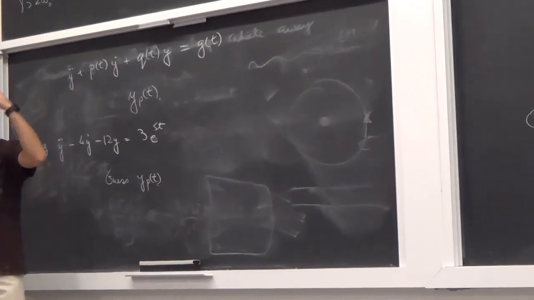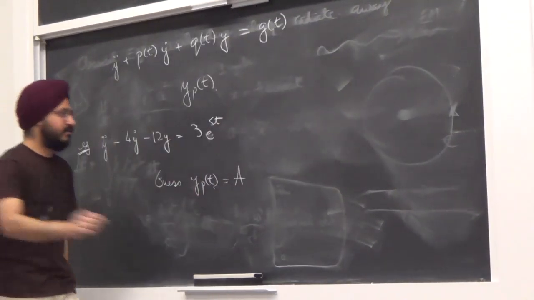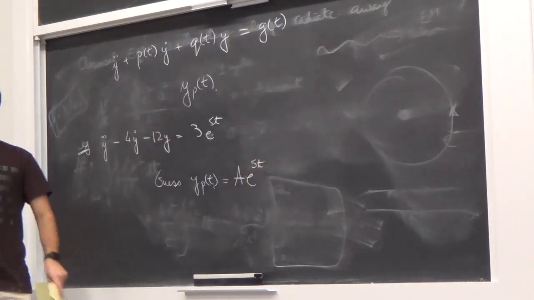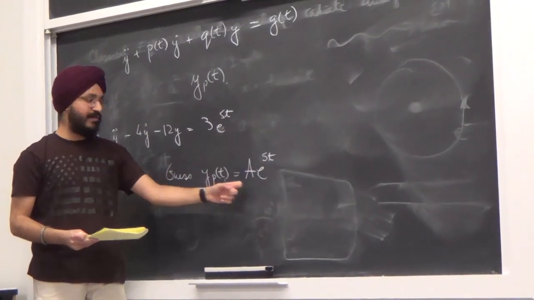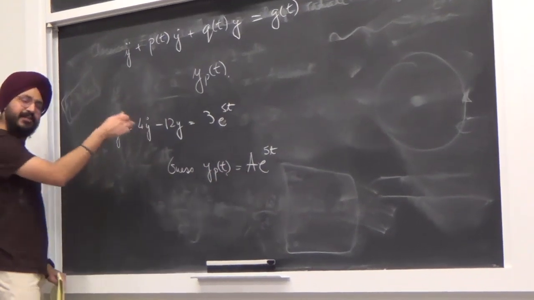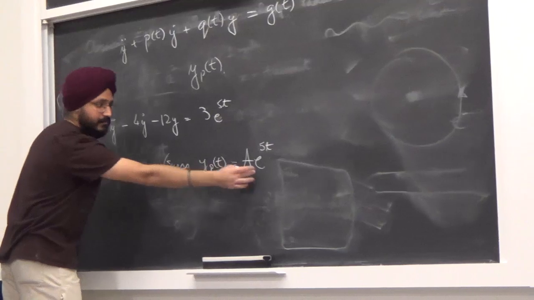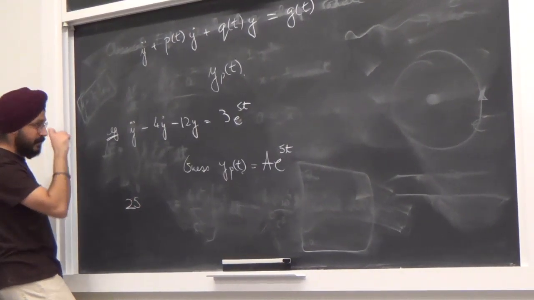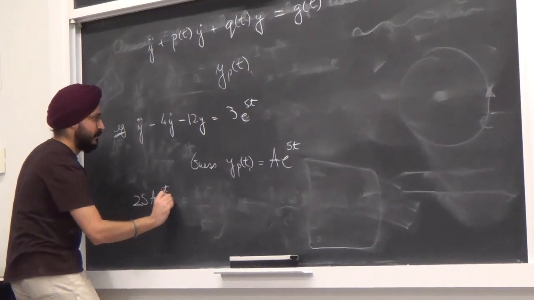Exponential must be an exponential. Some constant a, e to the 5t. I guess this by looking at the right hand side. Okay? And I want to find a now. What do you do? You plug this back into the equation. What's y double dot? 25a e to the 5t minus 4.